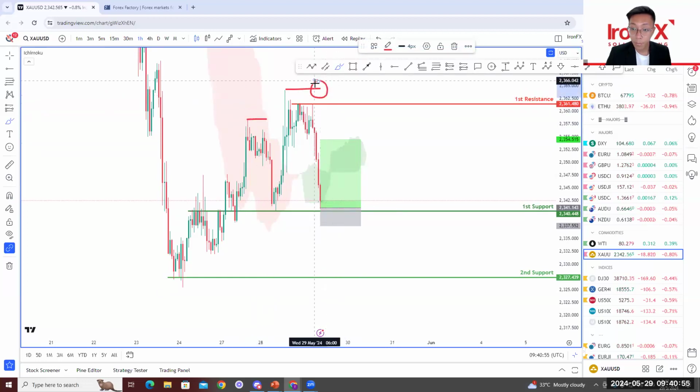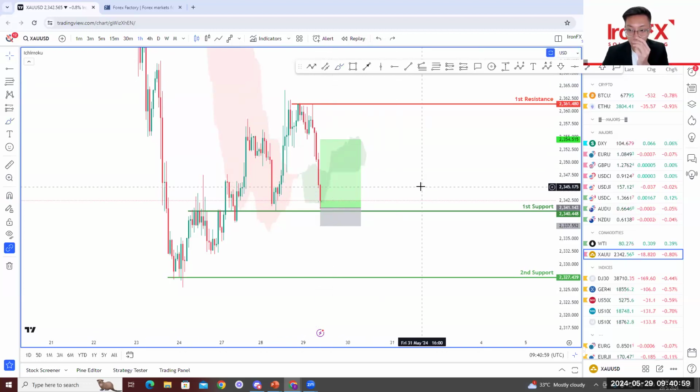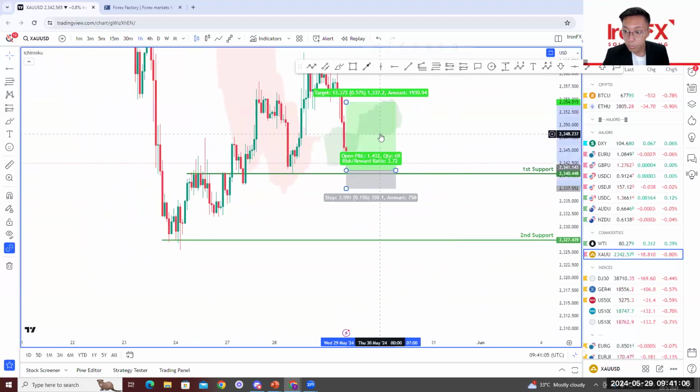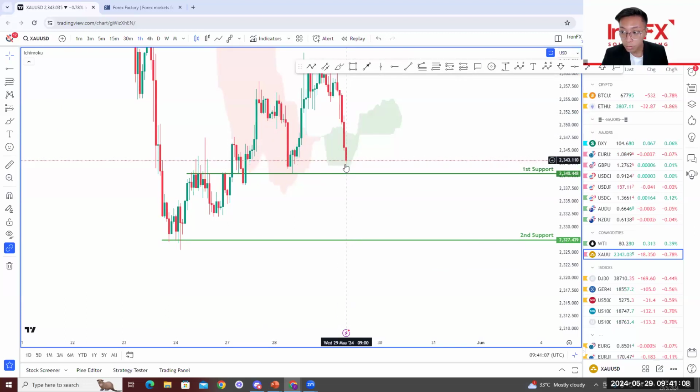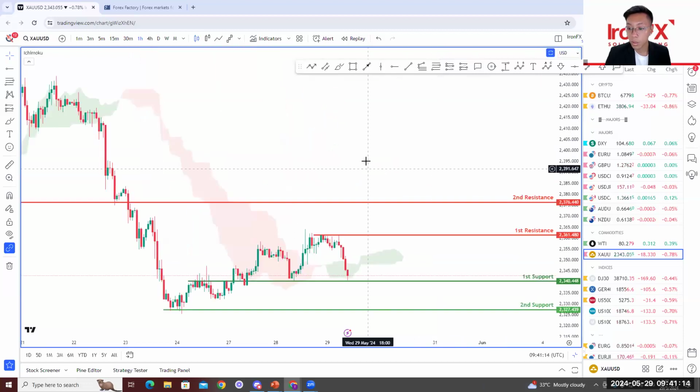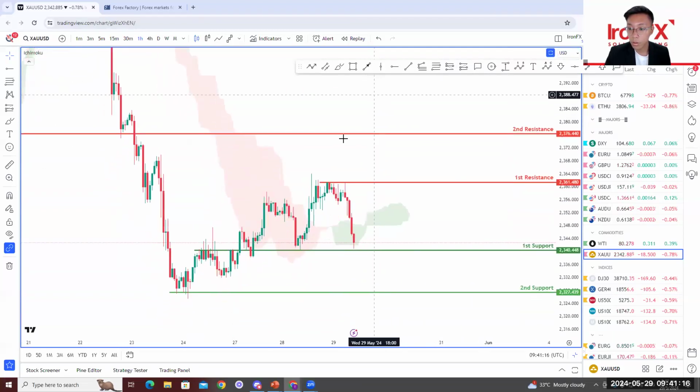It might actually be this high right here. So that is what I'm looking for. But we should wait for the hourly candle to close, and see if price managed to break this low or not. If price doesn't manage to break this low, then we are good to go.